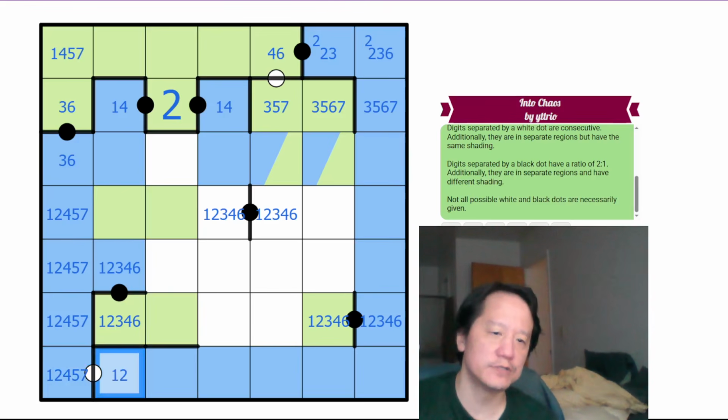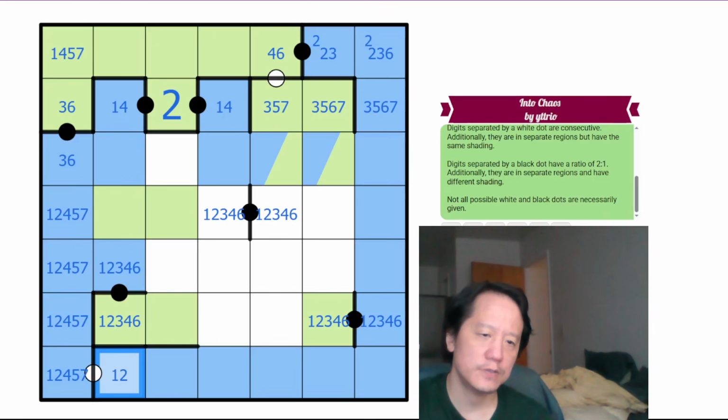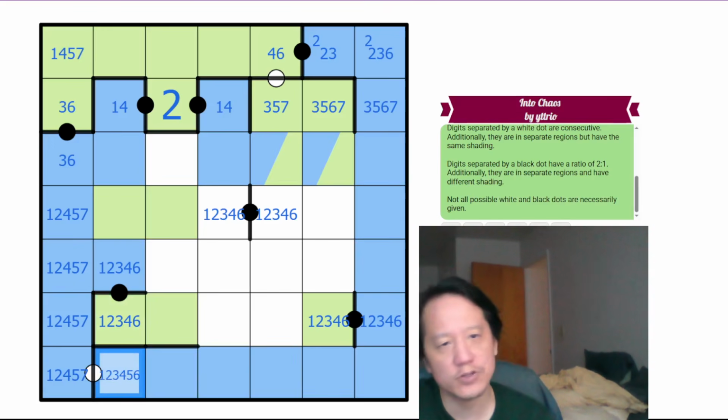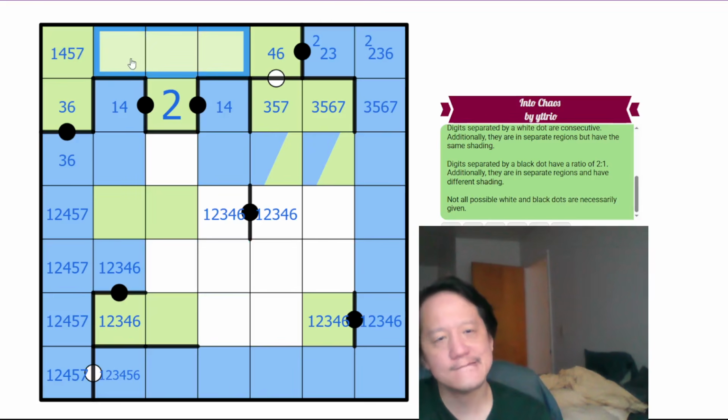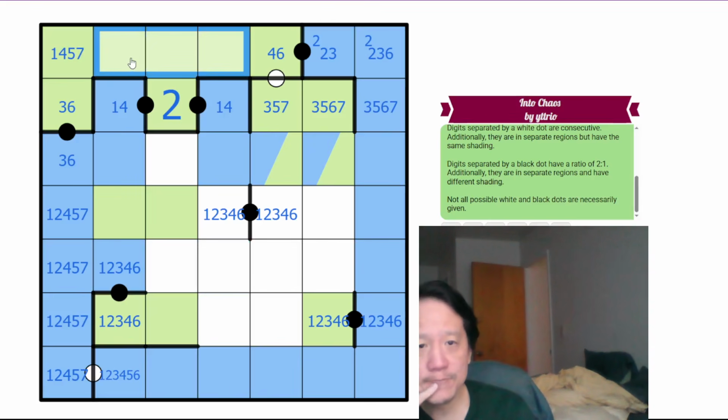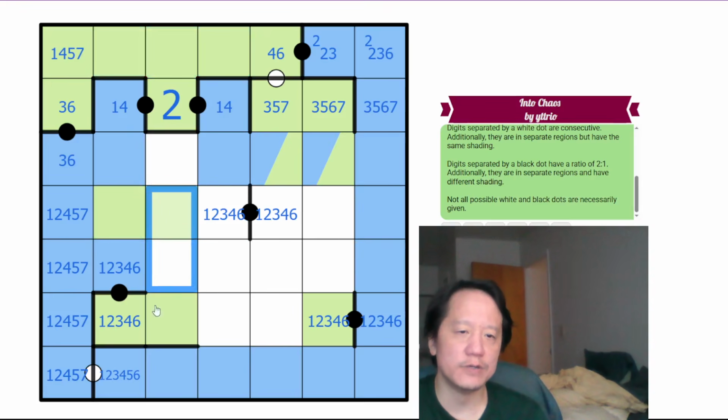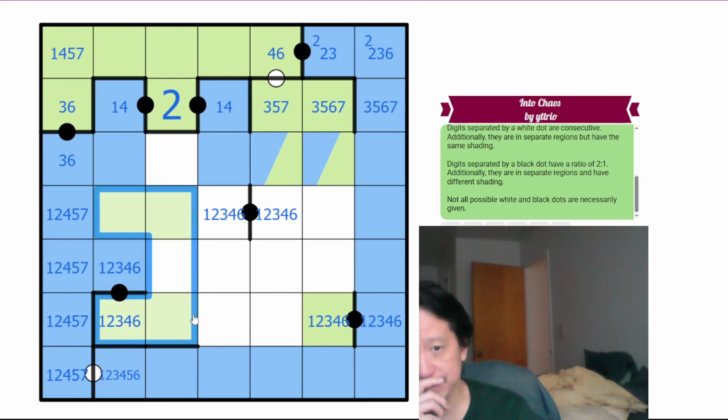So we have 1, 2, 3, 4, 5, 6 available. 7 is not available there. This could be all the same region. We don't know though.